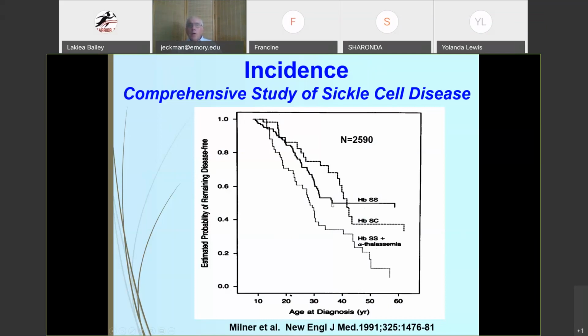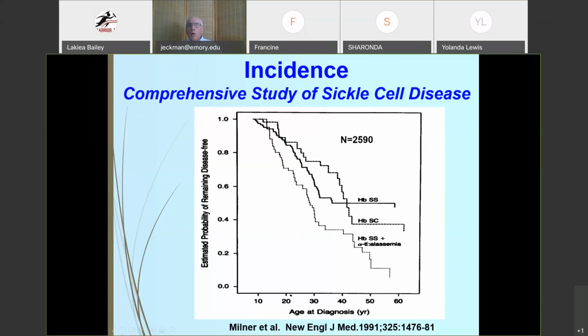And if you look carefully, there's some differences. If you have hemoglobin SS alone, the number's about 50. If you have hemoglobin SS and also inherent alpha thalassemia, then it's actually about 70% of individuals who will have avascular necrosis. Now, why does this occur?